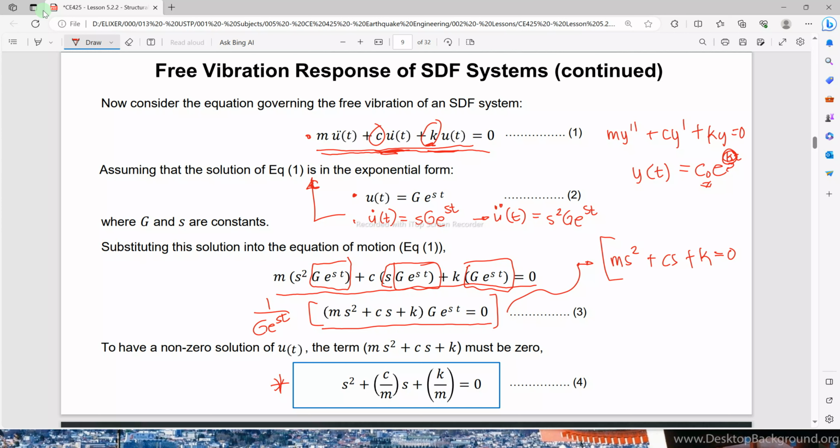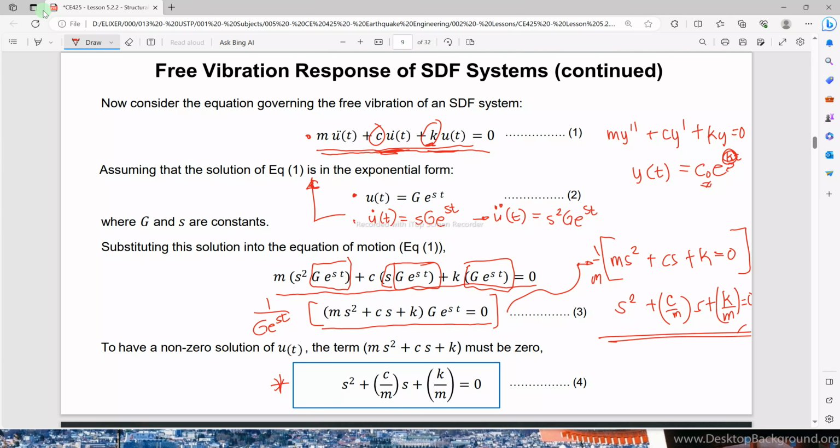Then we further multiply the whole equation by 1 over m, or the mass. Then we have s squared plus c over m s plus k over m is equal to 0.